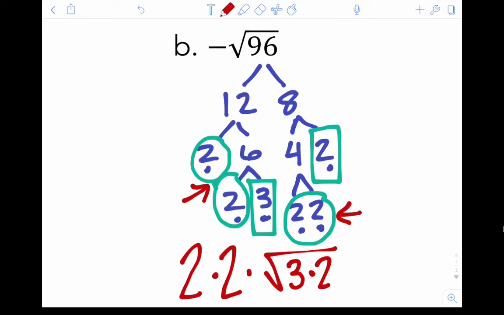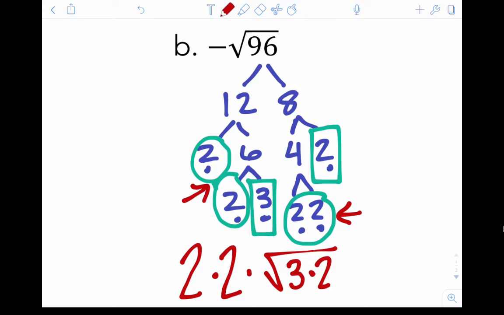Now, before I go any further, I want you to notice that I worked through this and I didn't even acknowledge the fact that there is a negative sign here. That's okay, because when you're doing the first 2 steps, which are the factor tree and then the circles and boxes, you're only focusing on the number under that square root sign.